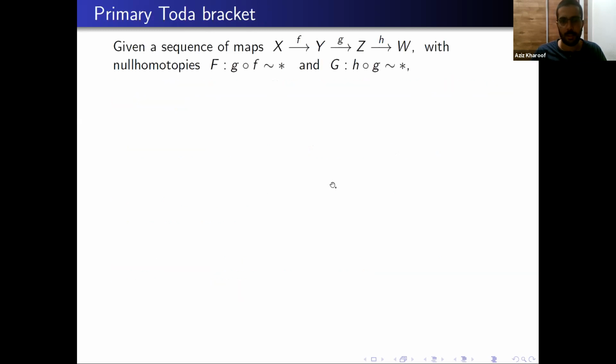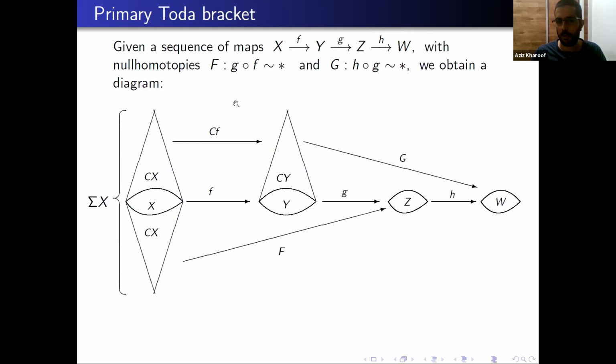Okay, so let's start with the primary Toda bracket. Given maps F, G, and H, where the composition here is null homotopic and the composition here is null homotopic, if you choose two null homotopies, then you get the following.